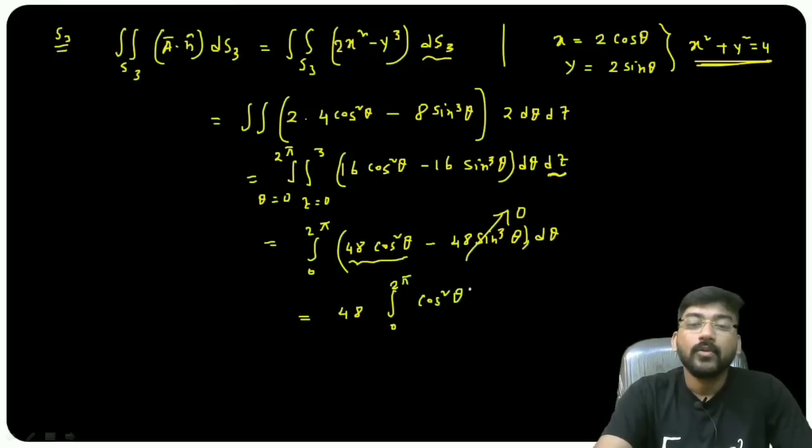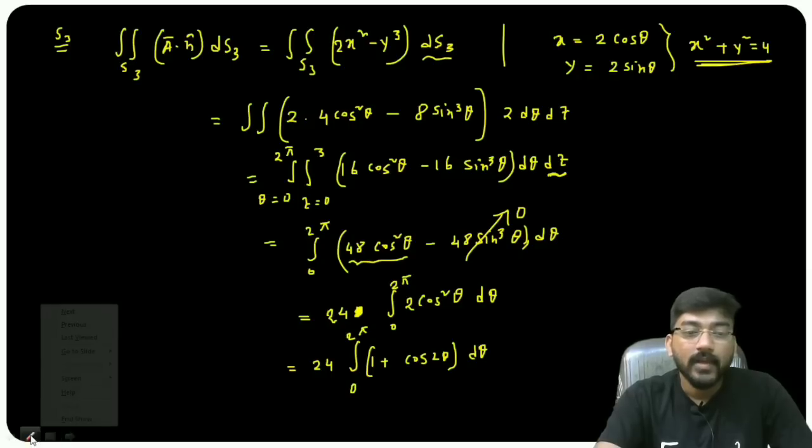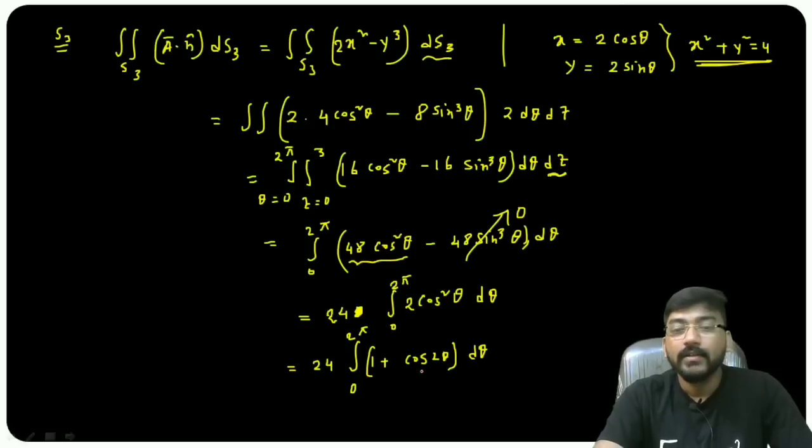Now for cos²θ, if you split this 48 into 24 into 2, so that will be 24 into 2 cos²θ, which means 1 plus cos 2θ, integrated dθ from 0 to 2π. Now the integral from 0 to 2π of cos 2θ dθ will always be 0.